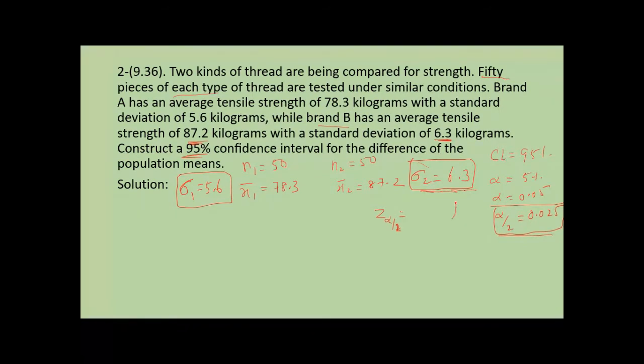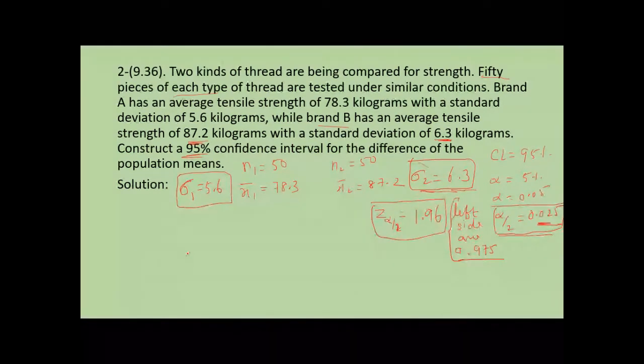So what is the left side area? Subtract this from 1: it's 0.975. For 0.975, the area falling to the left of the Z value is 0.975. From the table, find Z alpha over 2, which is 1.96. Verify from the Z table, isn't it?